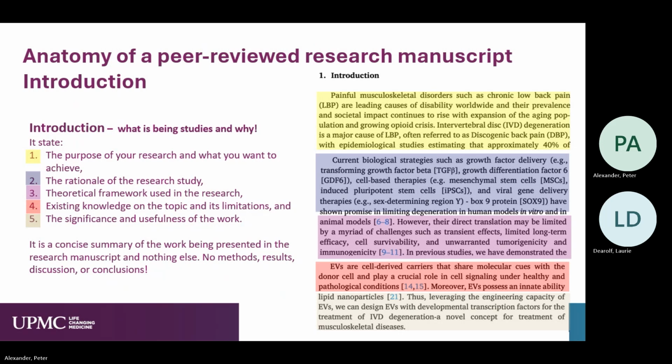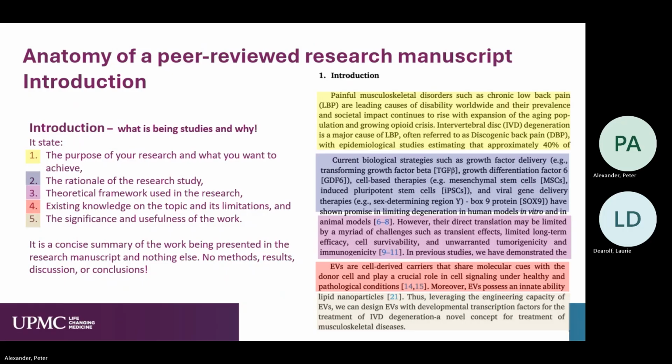Obviously the introduction to this paper is about a page and a half long. I've summarized it in a very short paragraph, so it's not the whole thing, but the point is it gives examples, being specific about, in this case, the problem of discogenic back pain and its frequency, and maybe there'll be some cost element, and then they'll go into some more mechanisms, for example. They'll talk about how you might do treatments for this, described in purple.